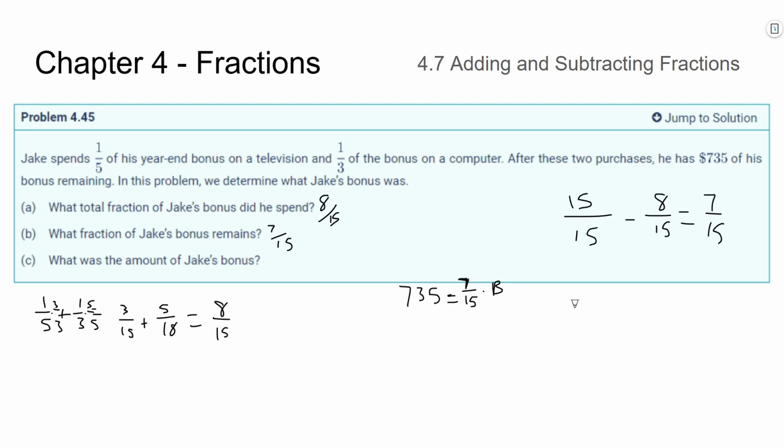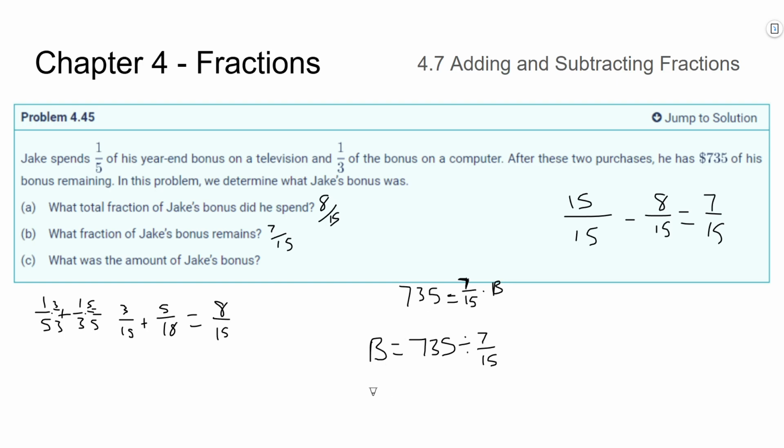Okay, so then what's the bonus? Well, we want to go backwards from this multiplication problem, so we can do division. We did that in our multiplication and division section. If you don't remember that, go refresh your memory in that section. But to get to what B is, B is going to be equal to 735 divided by 7/15, using division to undo multiplication.